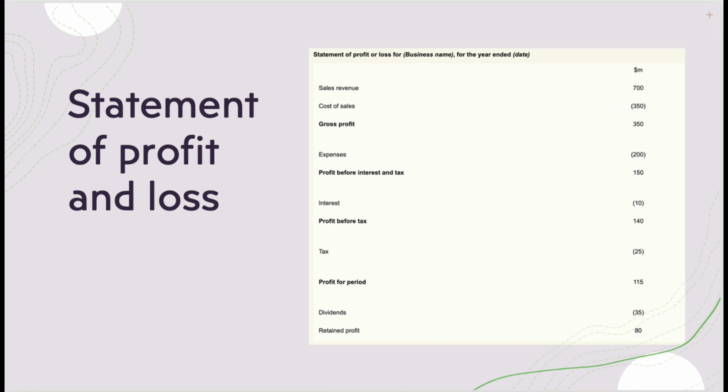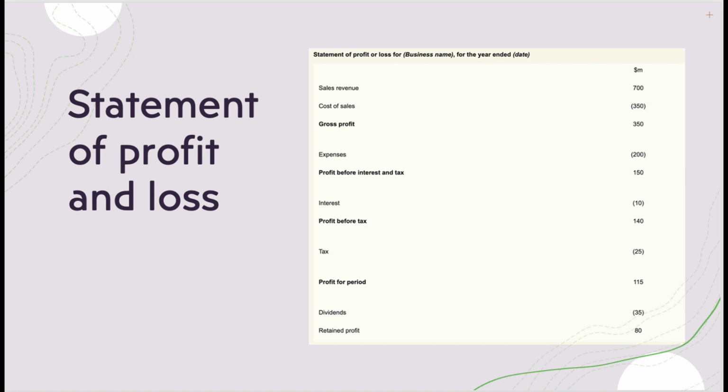There's profit for period. And then the last section is dividends and retained profit. So those two need to add up to the profit for period, and that way you will know that you've done this well and accurately. For non-profits, however, the word profit might be replaced by surplus rather than profit.